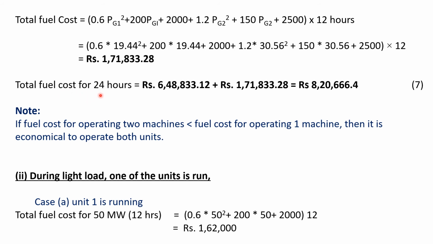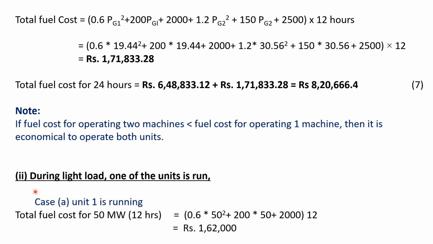So total fuel cost for 24 hours means I have to add the peak load cost as well as the light load condition cost: 6,48,833.12 plus 1,71,833.28. My total fuel cost for 24 hours is rupees 8,20,666.4. If the fuel cost for operating the two machines is less than the fuel cost for operating one machine, then it is economical to operate both the units. That is the inference we have to know.